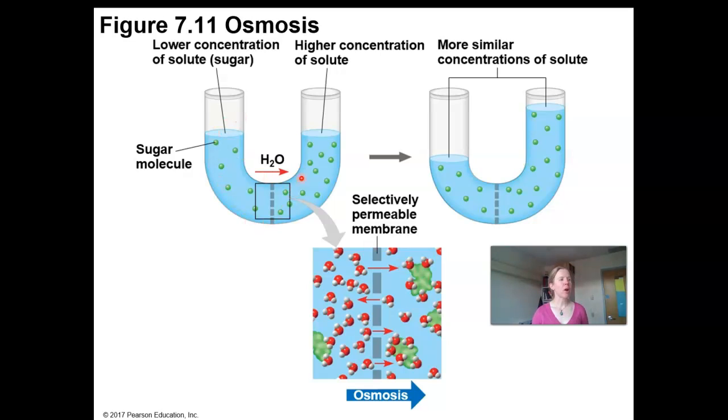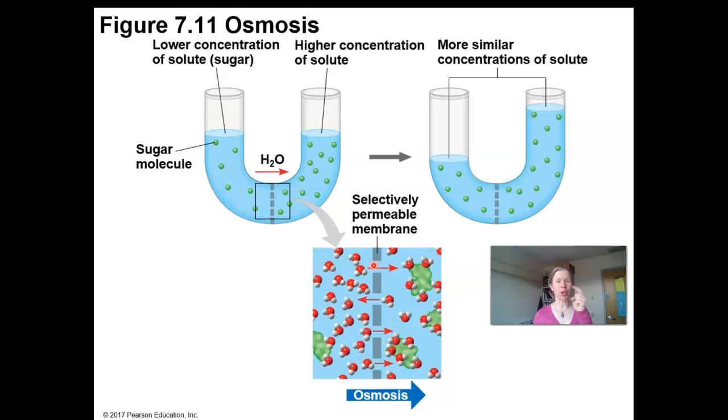So notice on both sides of our little membrane here, there's way more sugar, right? More solute on this side than on this side, which means, and here's where students get confused, look at the close-up, there's way more water molecules on the side that has less sugar. And so water still wants to move from an area of high water concentration to low water concentration.